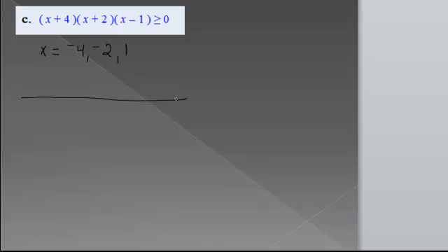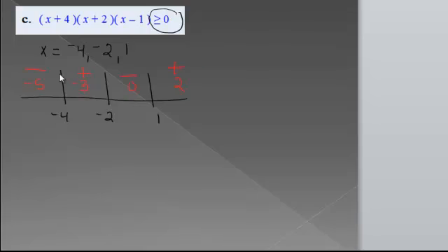So if we put these on our number line, this says greater than or equal to, which means we do include them. They're already in numerical order. So -4, -2, 1. Now I need to pick my test points. I think I'll try a -5, a -3, a 0, and a 2. So now I'll plug those numbers in and see what sign I get.